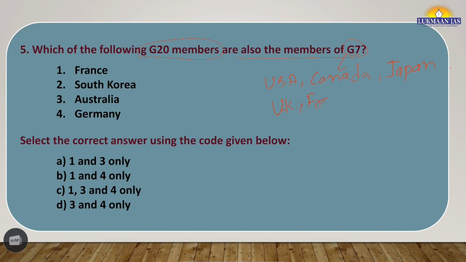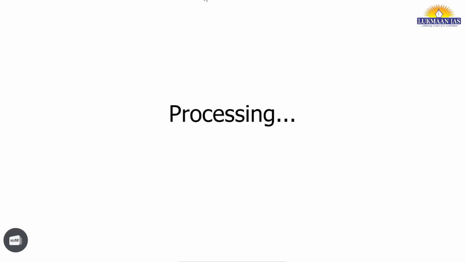UK is there, France is there, Germany is there, Italy is there. ठीक है, तो फ्रांस एंड जर्मनी, बाकी दो नहीं है. ठीक है, तो 1 and 4 इज द करेक्ट आंसर, राइट. G20 पे ऑलरेडी यूपीएससी हैज आस्क्ड क्वेश्चन, यूपीएससी प्रीलिम्स एग्जामिनेशन 2020, तो रिपीट नहीं करेगा मेंबर्स के ऊपर एटलीस्ट, बट G20 से कहीं क्वेश्चन एक्सपेक्टेड है.